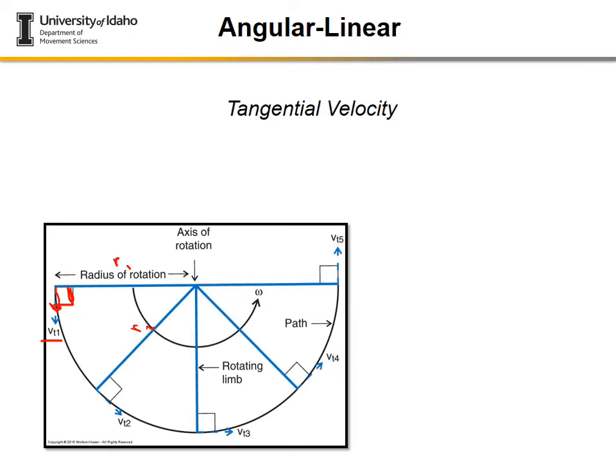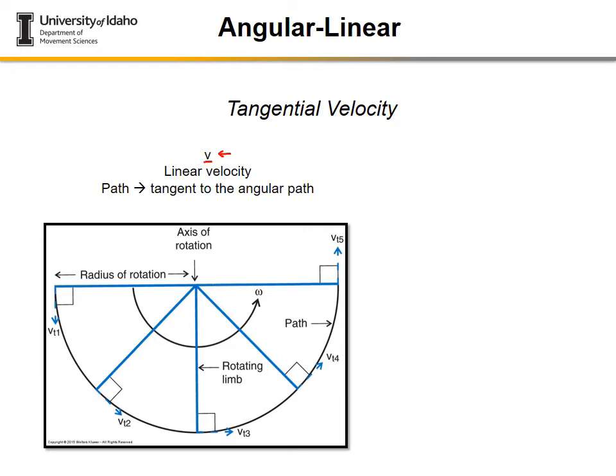So think about tangential velocity also being the linear velocity at that point in rotation of that rigid structure. As we go forward, what you've probably seen is that much of the angular terminology and symbols are italicized.